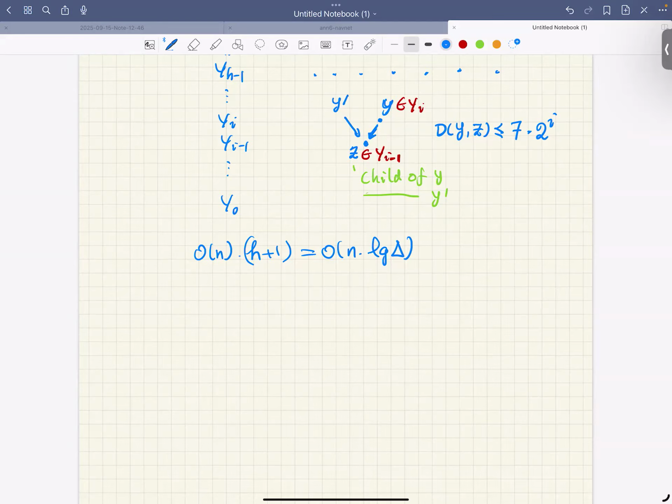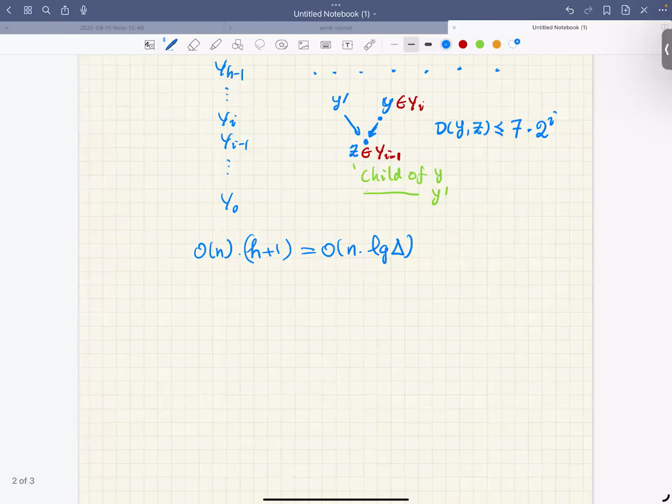So indeed, let's look at some arbitrary y, say y_i, at level i. You look at all its children. Let's say the children set is N plus of y, where plus means out-neighbor.